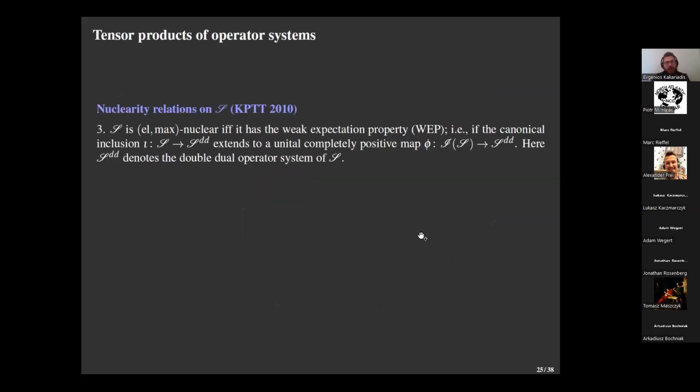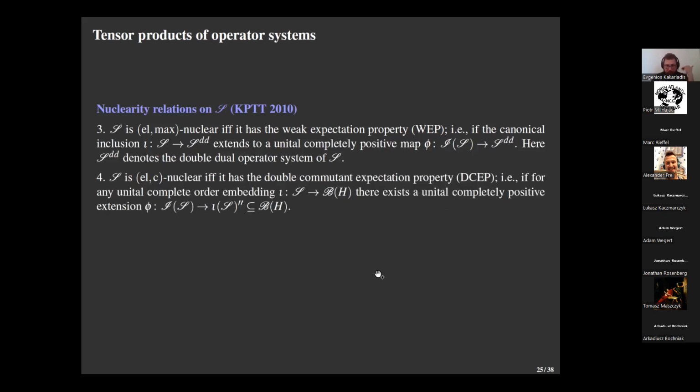Max-l nuclear means that it has the weak expectation property. That means that whenever I see S in the double dual, there is a canonical inclusion by a UCP map, then I can extend it to the injective envelope of S inside the double dual. So this is fixed. It will take values still in there.